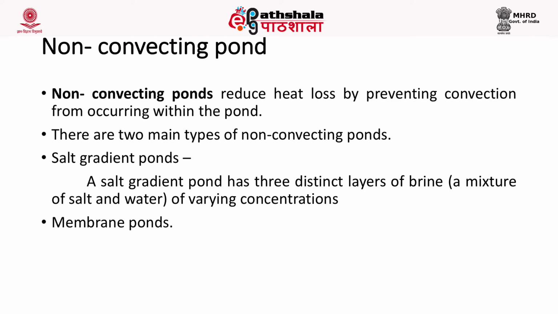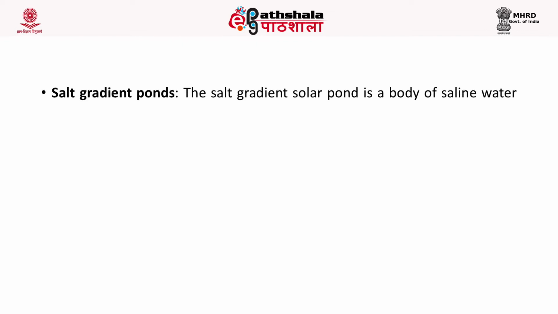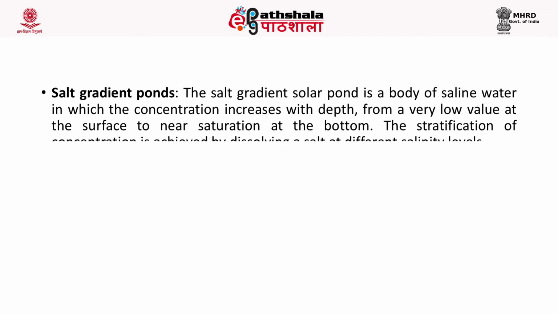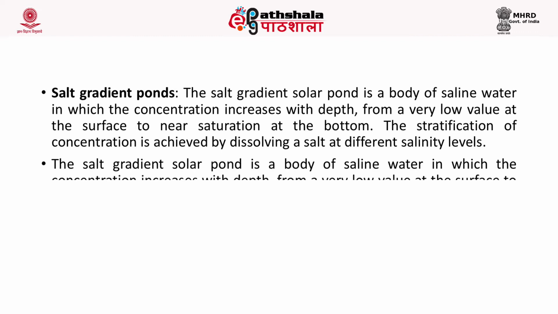A salt gradient pond has three distinct layers of brine, that is a mixture of salt and water of varying concentrations. The salt gradient pond is a body of saline water in which concentration increases with depth, from a very low value at the surface to near saturation at the bottom.